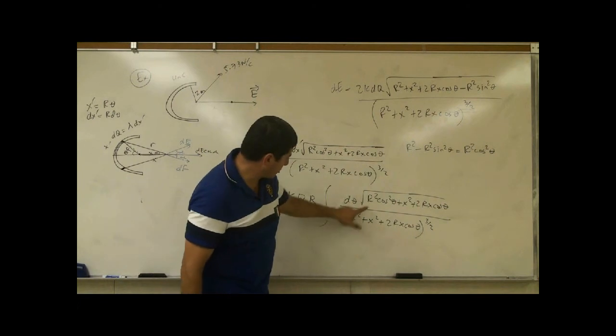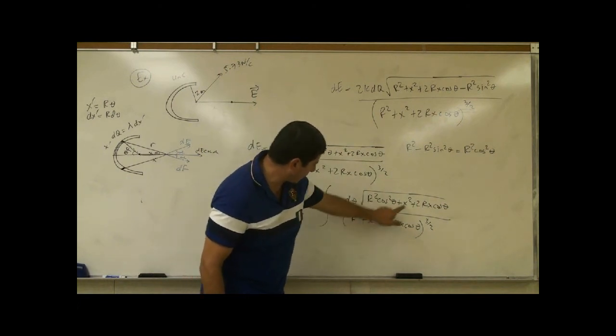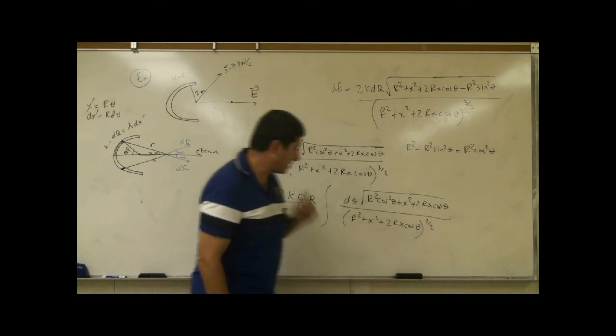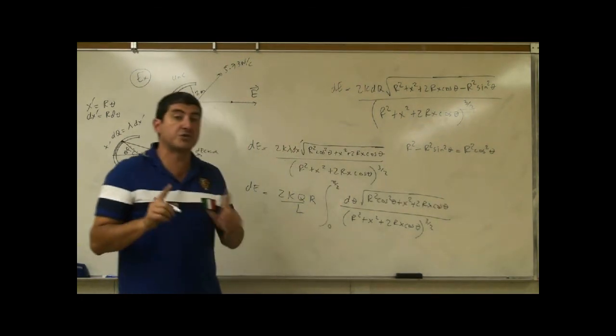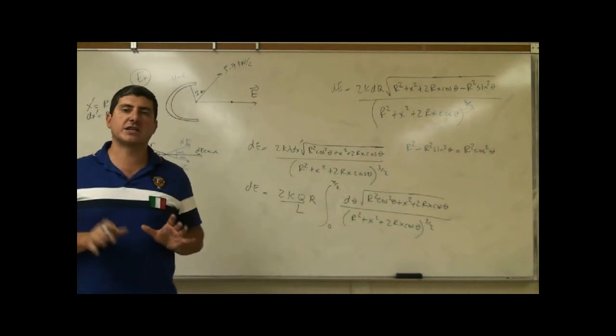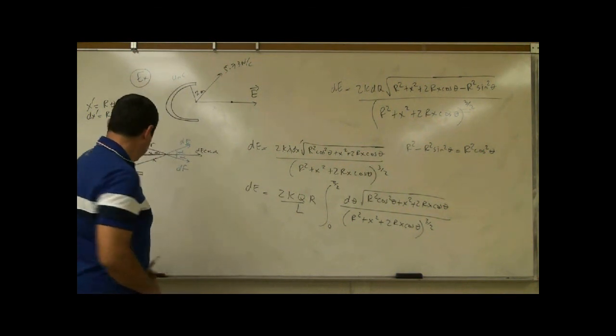You got the r squared, except you have r squared cosine squared theta. You have x squared, you have x squared. You have 2rx, you have 2rx cosine theta. And now we're going to integrate this from 0 to pi over 2. Remember, we're only going to integrate over half of the rod. If our equation is correct, and I put here x equals 0, what should happen?